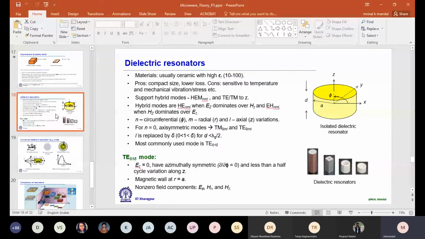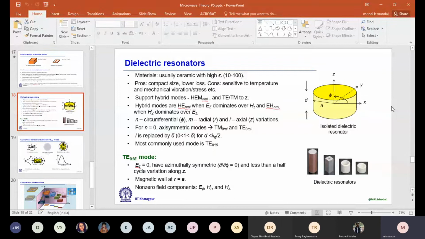So consider this isolated dielectric resonator. Shown is a cylindrical resonator. The cylindrical structure is the most preferred structure. Inside we have the field distribution, and also in air we have a part of the electric and magnetic field distribution, which of course decays exponentially as you go outward.